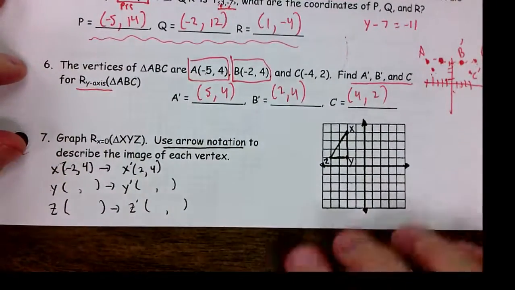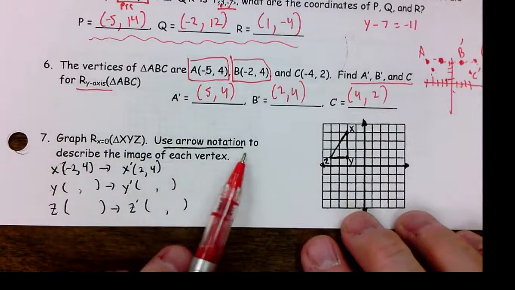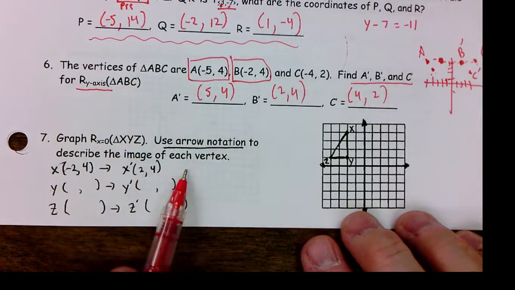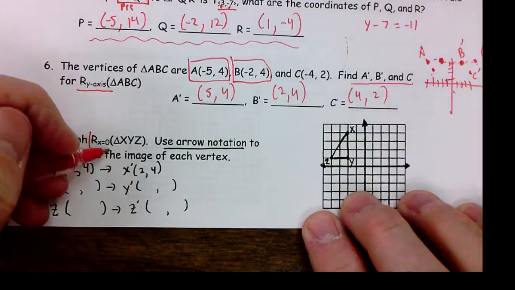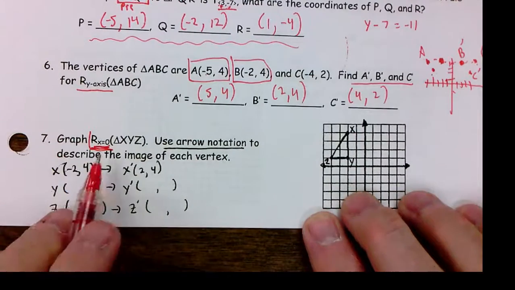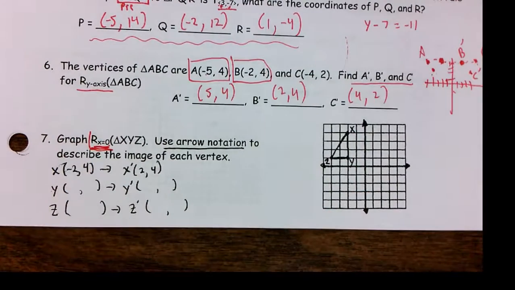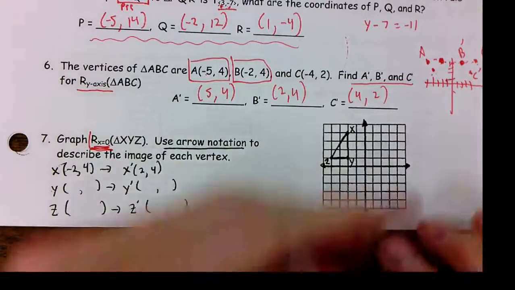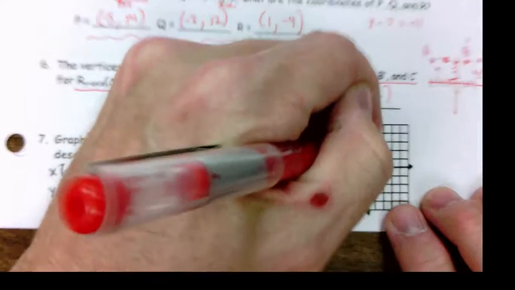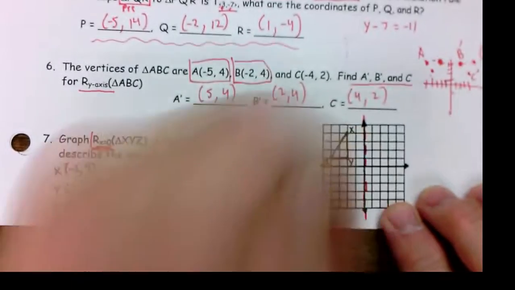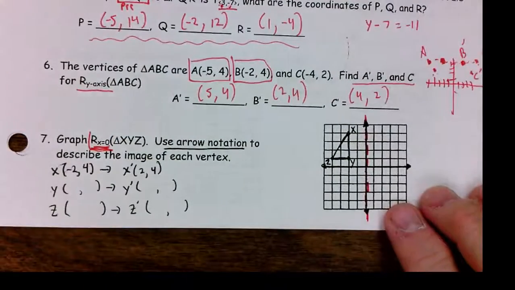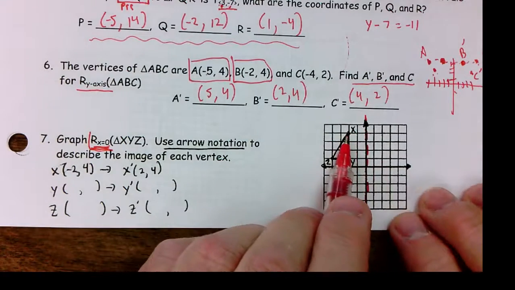Number 7 says use arrow notation to describe the image of each vertex. It's a reflection across the line x equals 0. Well, x equals 0 is the equation for the y-axis. So let's draw the line of reflection here, and let's reflect each point across it.